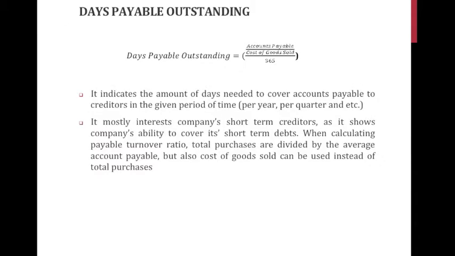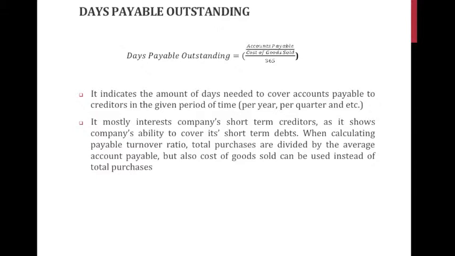And we can look at the same indicator from the opposite side, and calculate days payable outstanding. Here the indicator is calculated by dividing all accounts payable, meaning our financial obligations to suppliers, by cost of goods sold, and again multiplying by the number of days.